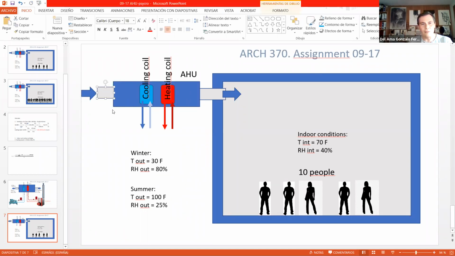Okay, and that module would be the heat recovery. A heat recovery, it's like a square like this. Yeah, kind of. And that will be the heat recovery.